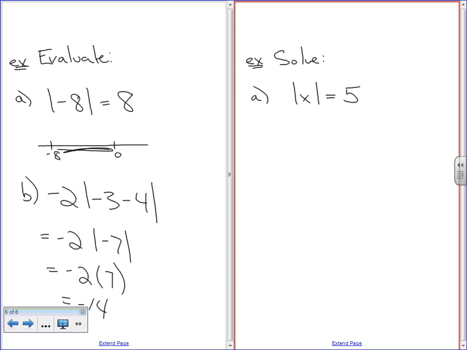So the two x values that would make this equation true is x is equal to -5 or x is equal to 5. Make sense? Okay.